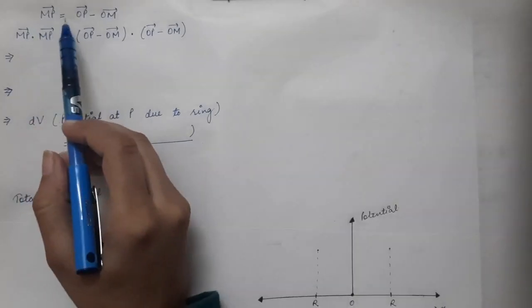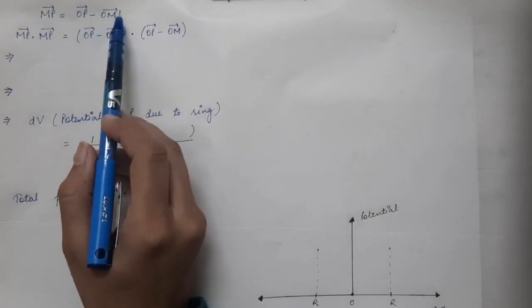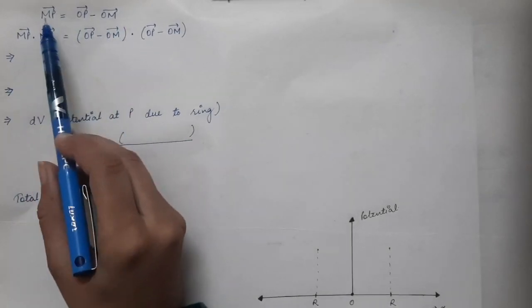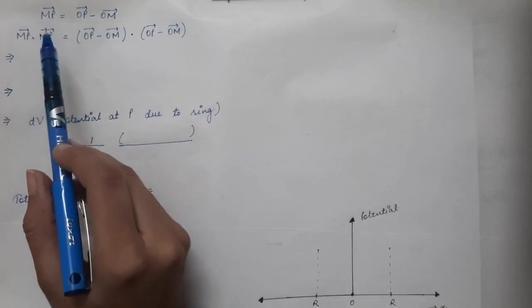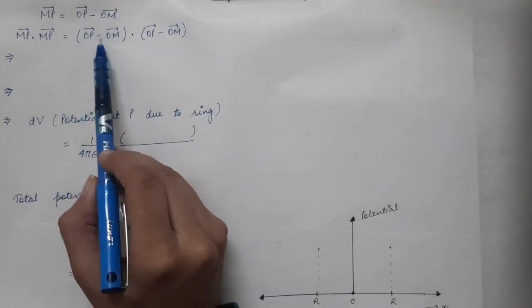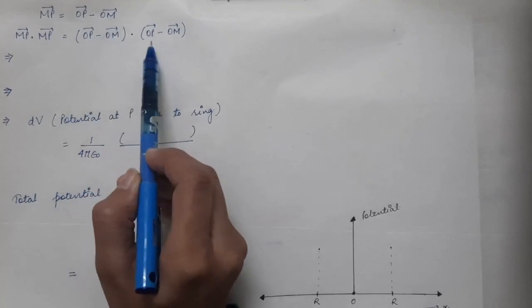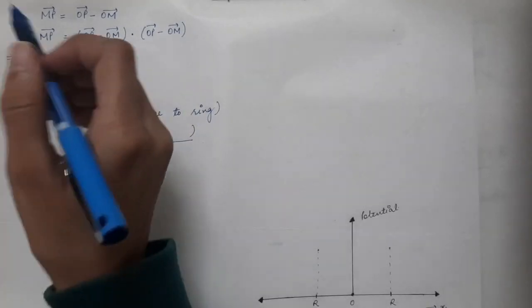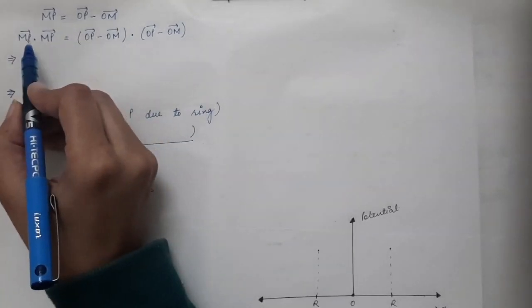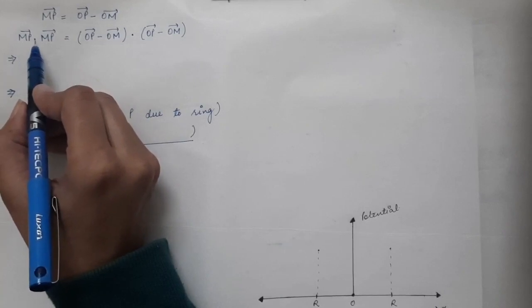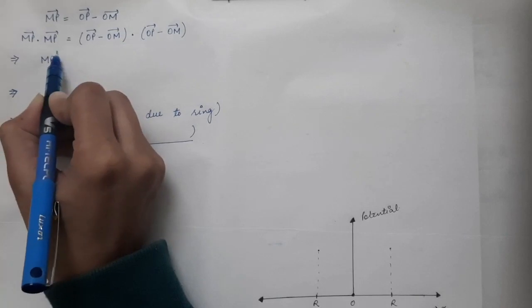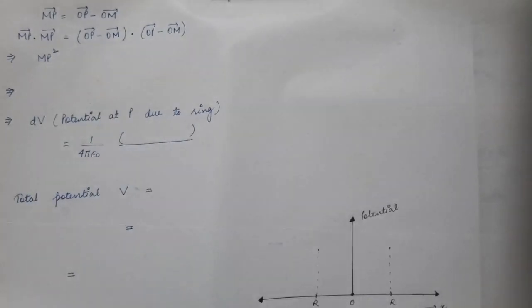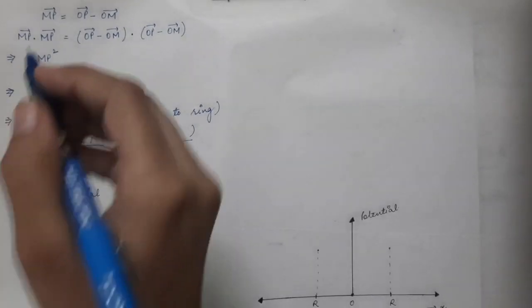So MP vector came out to be equal to OP vector minus OM vector, and now we have done the dot product of this equation with itself. That is, MP vector dot MP vector is equal to OP vector minus OM vector dot product with itself. So we will evaluate it. A vector's dot product with itself is nothing but the square of its magnitude, so that will be MP square.